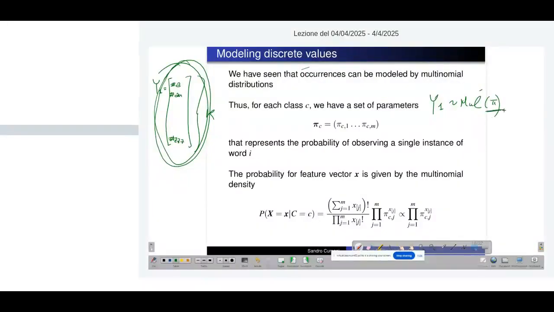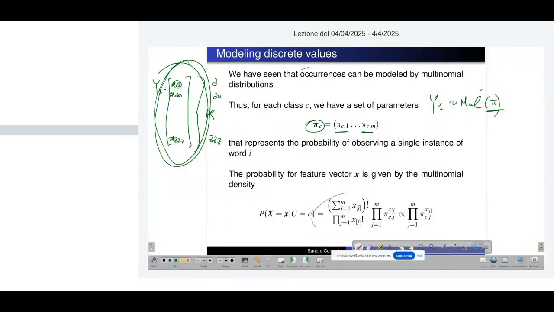Remember that in a multinomial distribution, the parameters pi represent the probability of one occurrence of one token. So the parameters pi will give us the probability that I have one A, the probability that I have one N, and the probability that I have one Z.